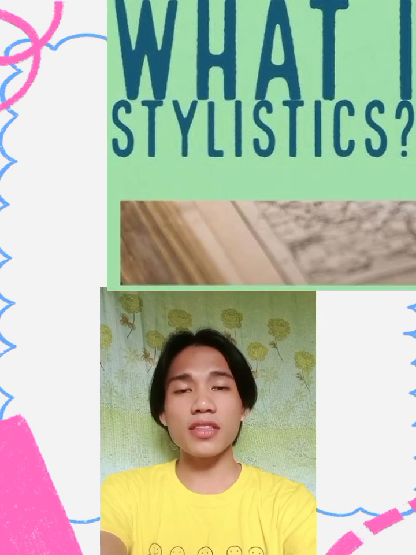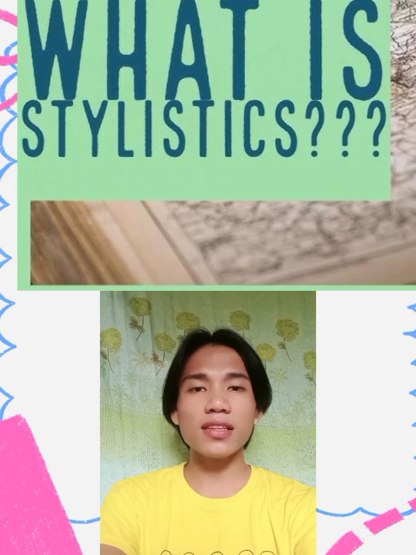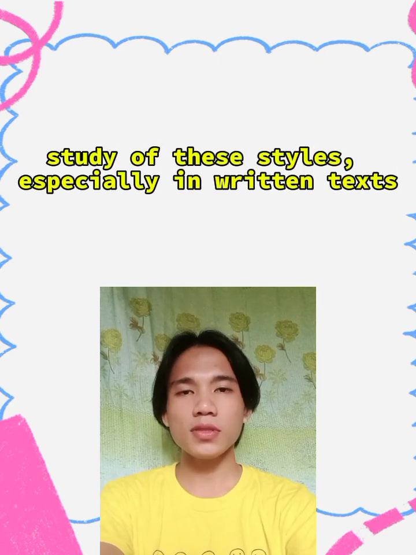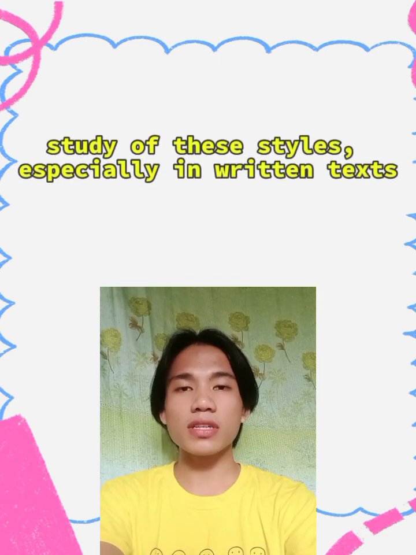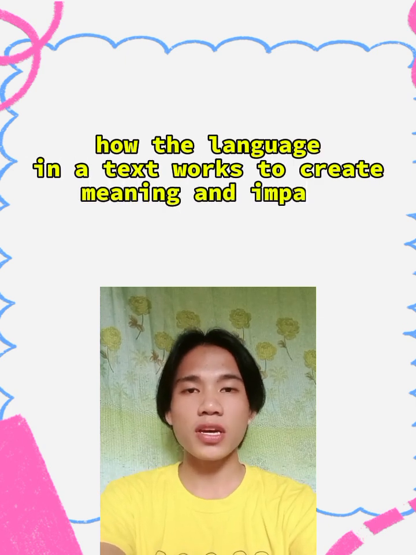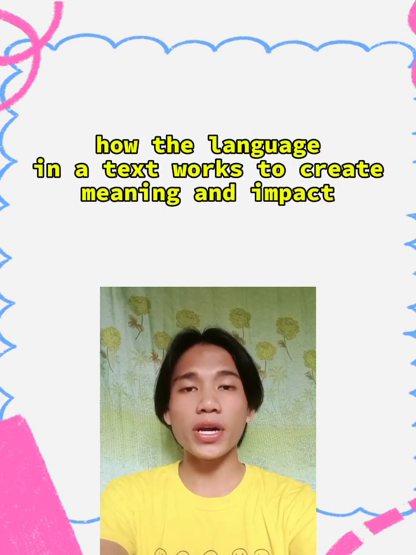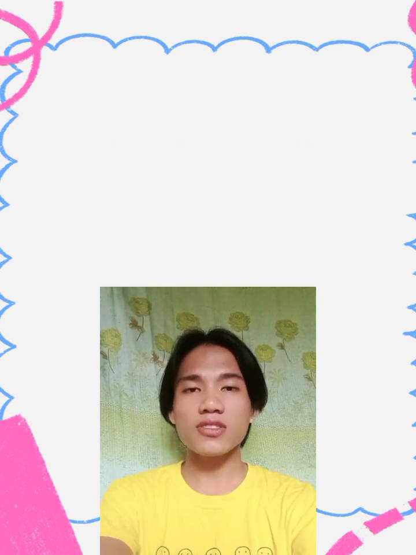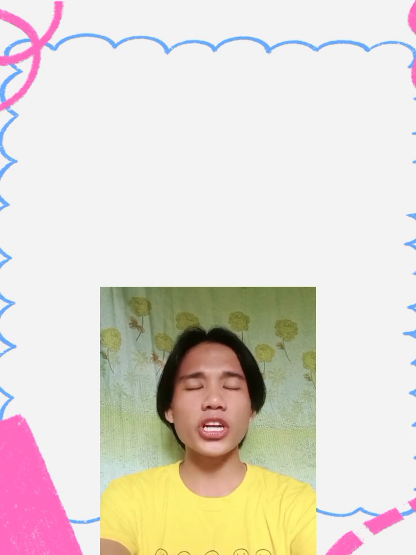On the other hand, stylistics is the study of these styles, especially written texts. We look at how the language in a text works to create meaning or impact. Think of stylistics as a way to analyze what makes certain texts stand out or why they make us feel a certain way.